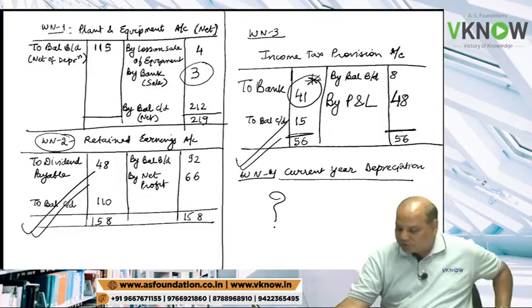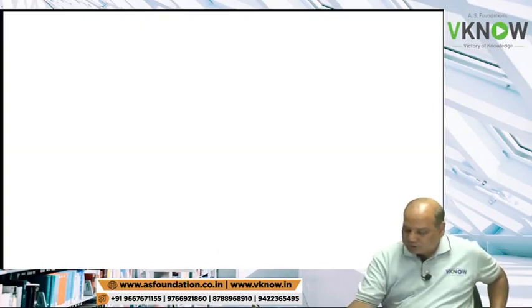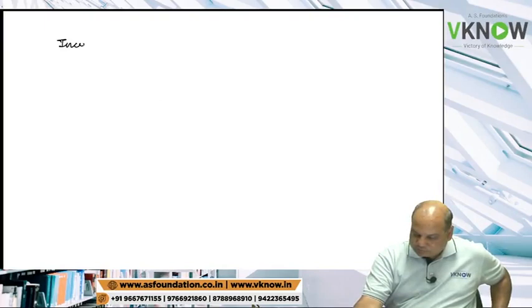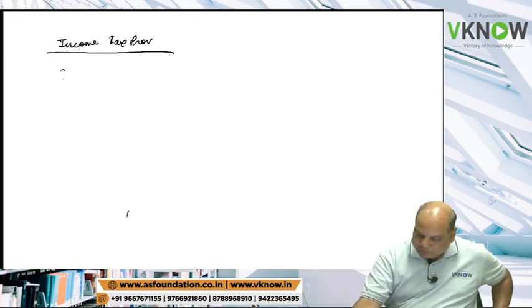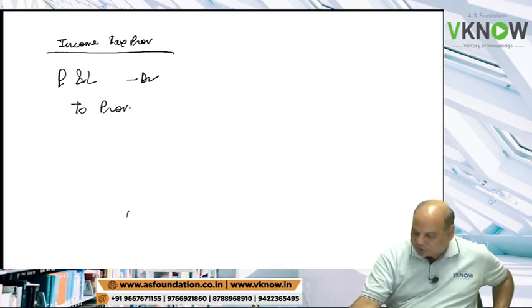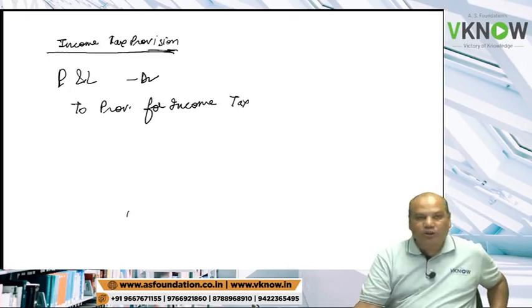It's very easy, because for income tax provision the entry we pass is P&L account debit to provision for income tax. This is one query from a student: why is the income tax provision in the P&L account not the actual amount paid?